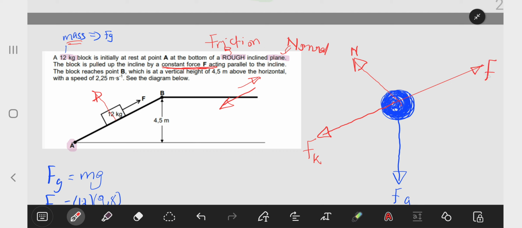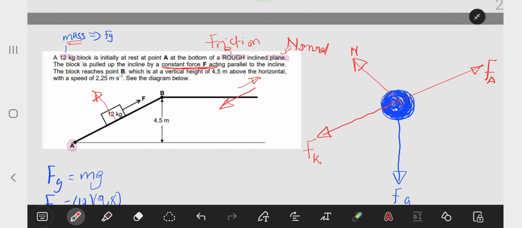So that is your applied force, and that is your friction, normal force, and then Fg. Let's continue with the statement. The block reaches point B, which is a vertical height of 4.5 above the horizontal, with a speed of 2.25 meters per second. See the diagram below.